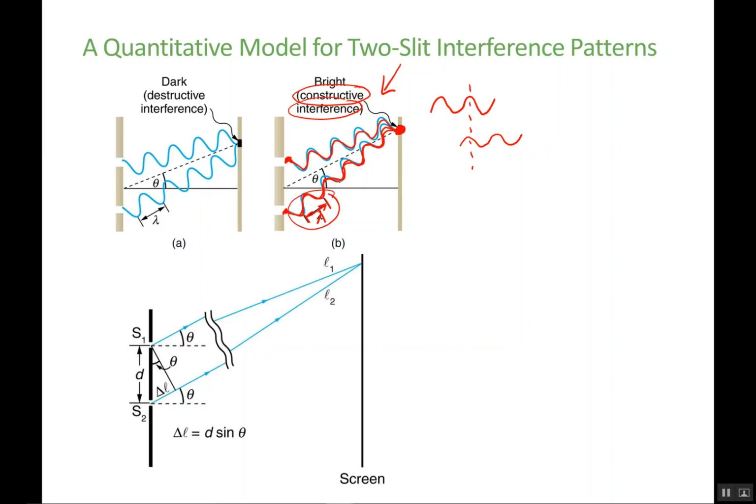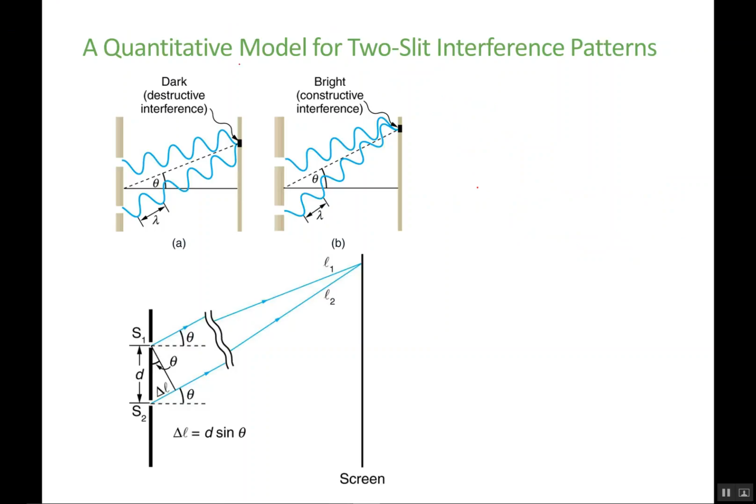So it turns out that this constructive interference, which corresponds to bright spots in the pattern, is going to occur anytime the path length difference is equal to some integer multiple of the wavelength, where n equals 0, 1, 2, etc. Because if the path length difference is a multiple of the wavelength, you'll still have a situation where peaks line up with peaks and valleys line up with valleys.